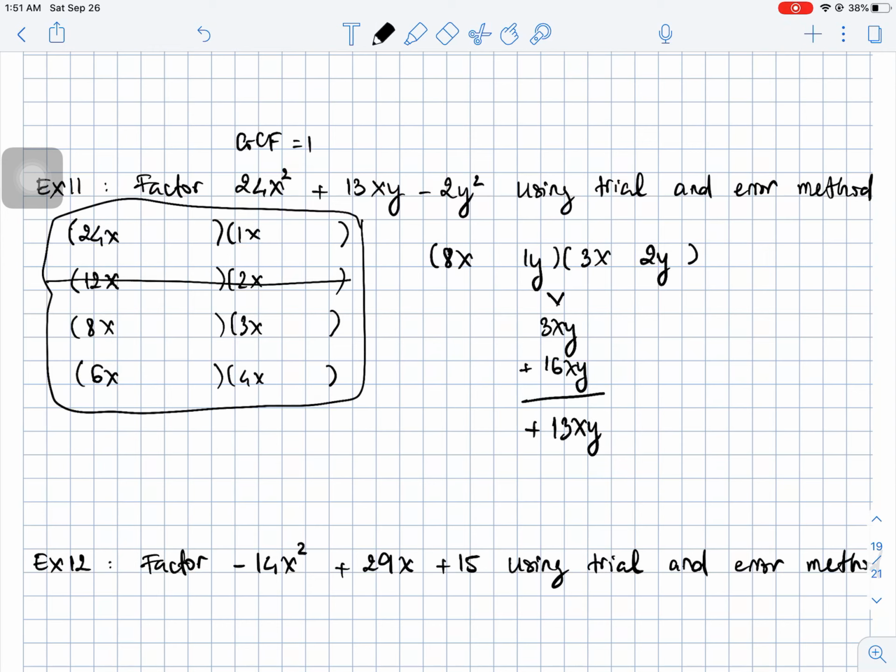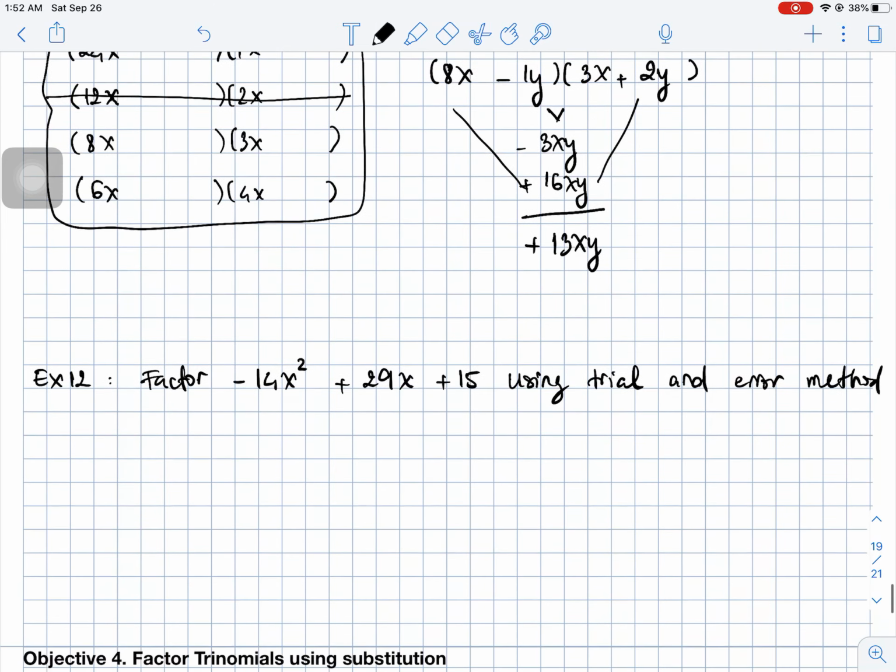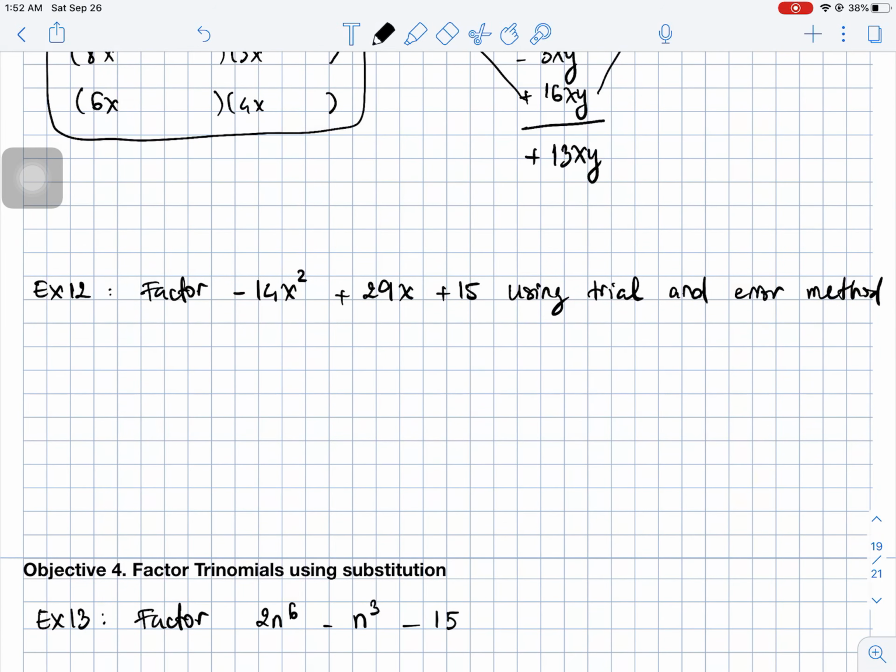Outside is 16xy. What we want is 13xy positive, so we should have plus 16 and minus 3. So 3xy comes from 1y and 3x, and 16 comes from the 8 and the 2, so we have a plus.